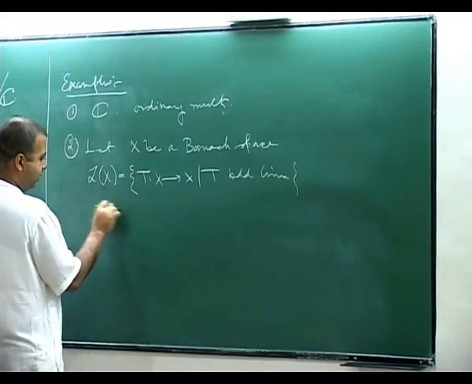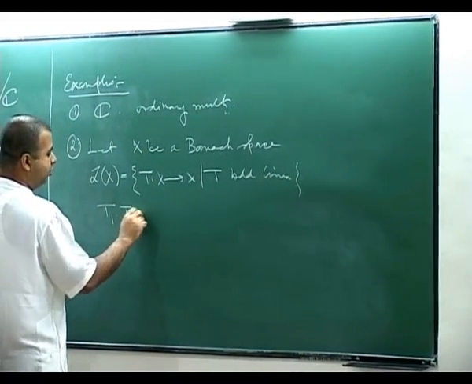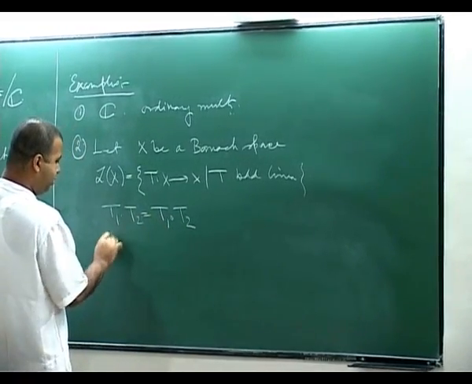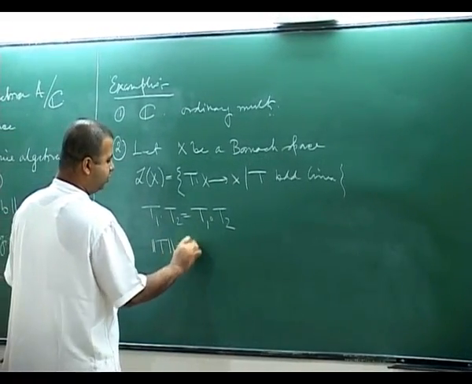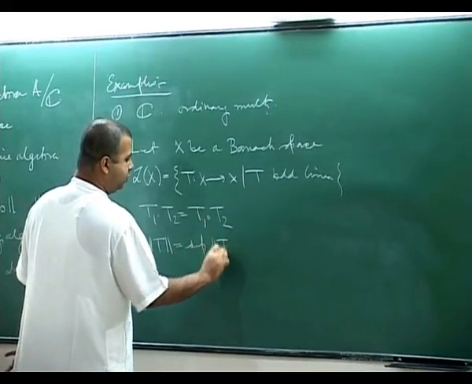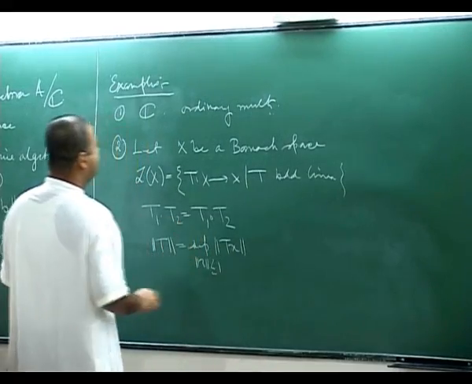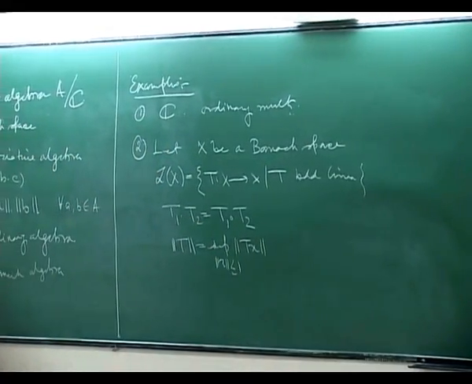Here multiplication is composition, and so with these things L(X) becomes a Banach algebra.